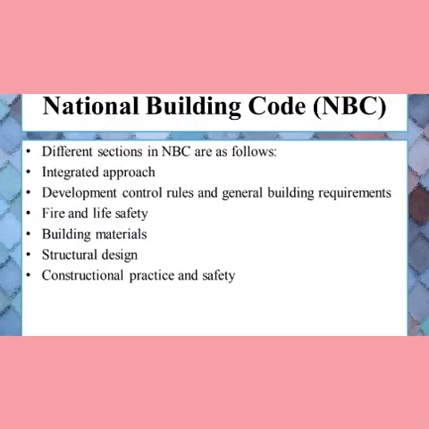In the integrated approach we have some rules on how to approach, and in development control rules we also have some rules. Same thing for fire and life safety. In the fire and life safety section, we have some rules on how to provide fire and life safety to the building.